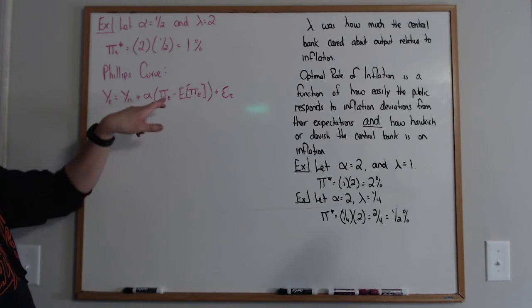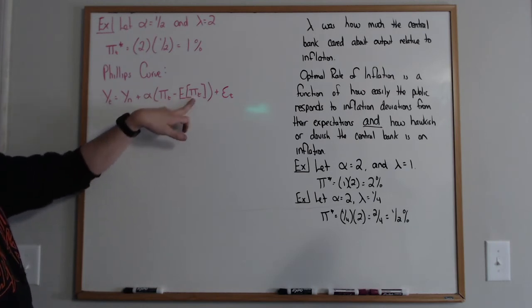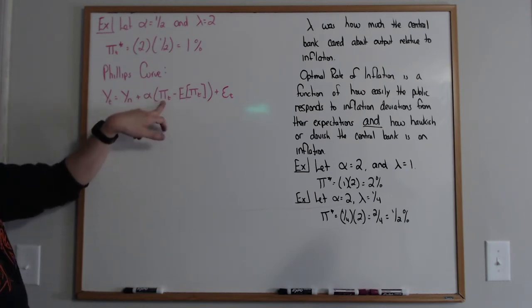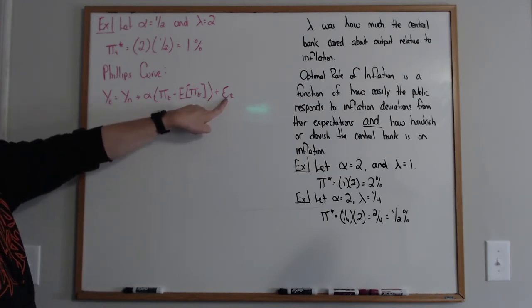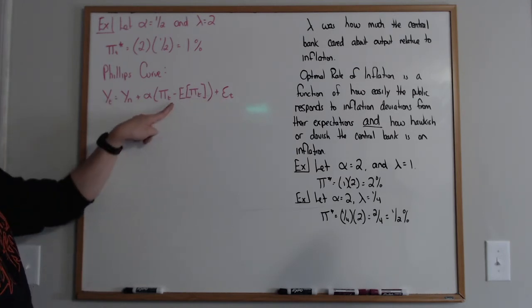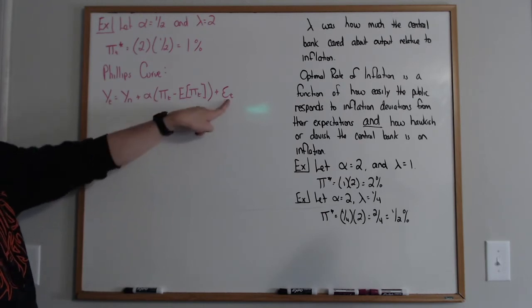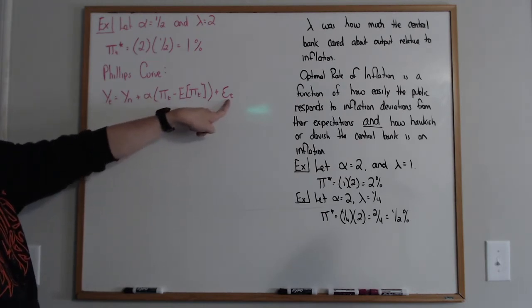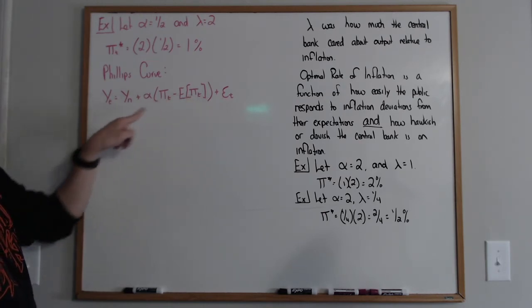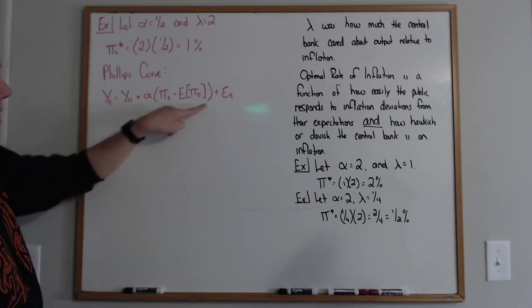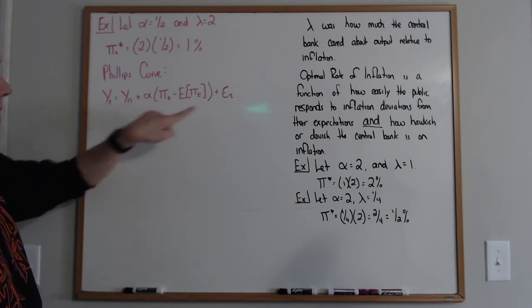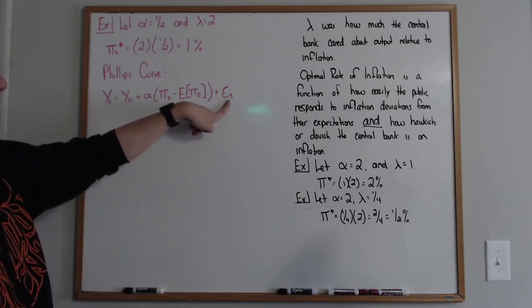Monetary policy enters through the way they can shape expectations and the way they can actually use policy to try to influence the economy. Anything else shows up through this epsilon t. Any other change to output that is not a change in inflation will be showing up through this term here. So here I've got output being equal to the natural rate plus how monetary policy impacts output plus other sources of shocks.